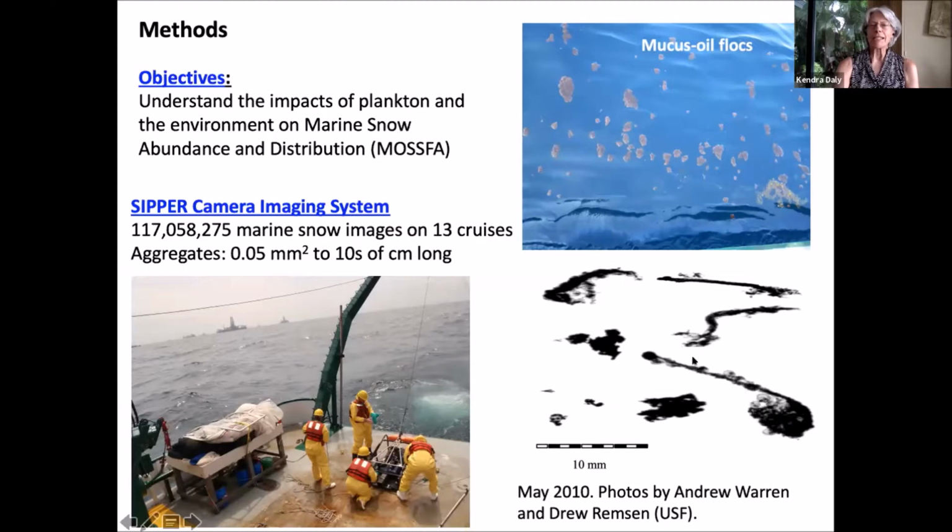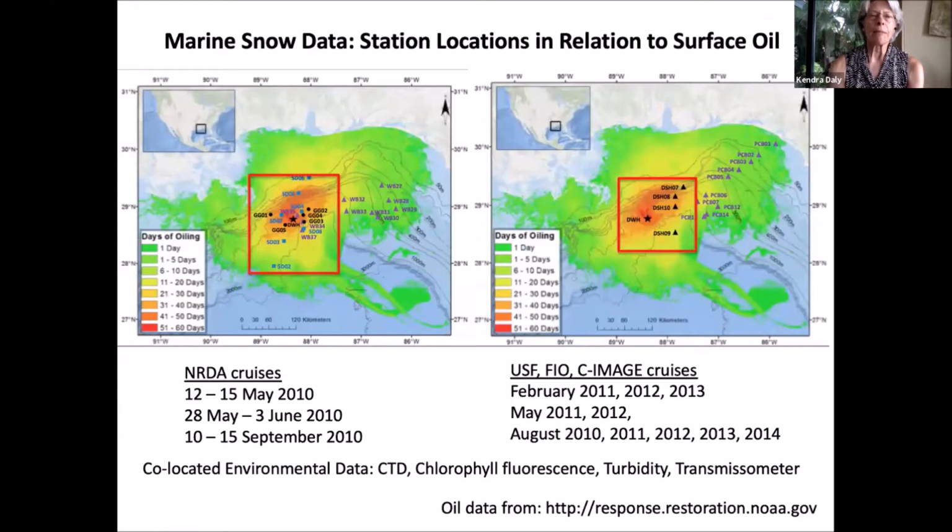And here you can see some more of those marine snow images and the big mucus flocs that we again saw during our cruise in May. Some of the data that I'll be showing you today are from this region right in the oil spill during May 2010. And here you can see the Deepwater Horizon site.